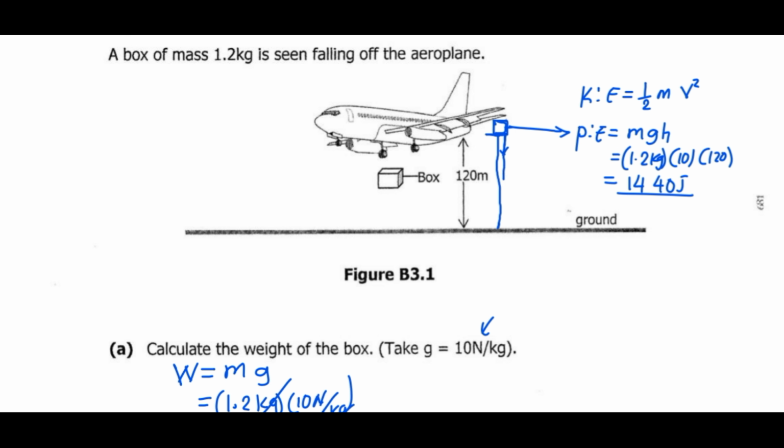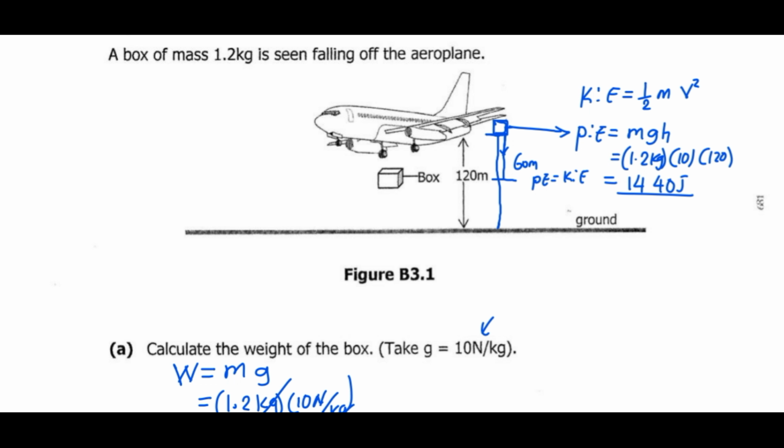So when this box covered half of the distance of 120, which is 60 meters, at this point the potential energy is equal to kinetic in terms of half of this. So at this point, half of 1,440 has converted into kinetic. What is half of 1,440?